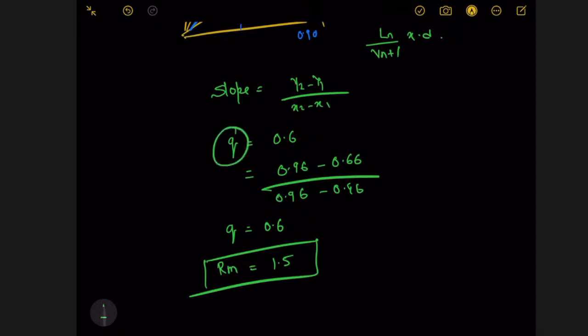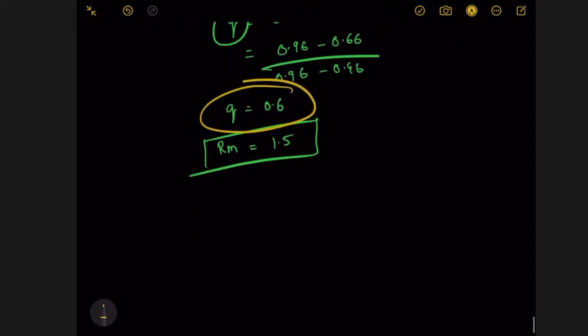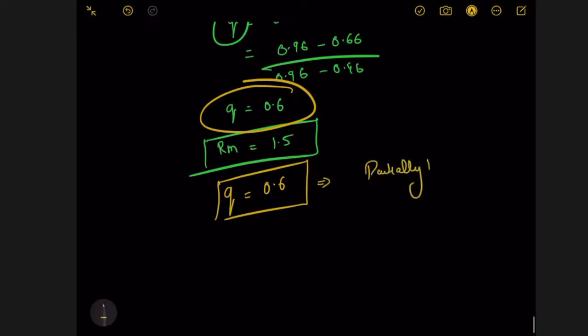See, I have told what Q is. Q tells us the quality of the feed. So if Q is coming 0.6, what is the meaning of this? It is partially liquid and vapor. So these are the common questions which are frequently asked in the GATE examination.